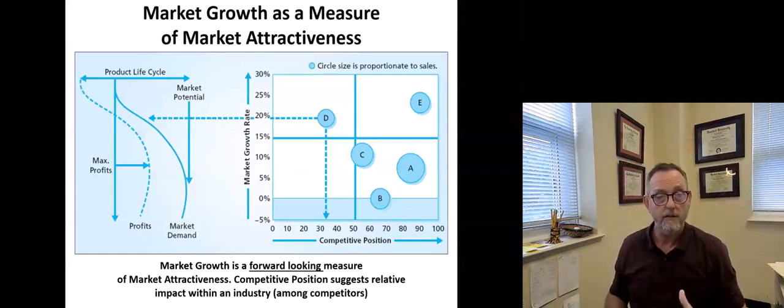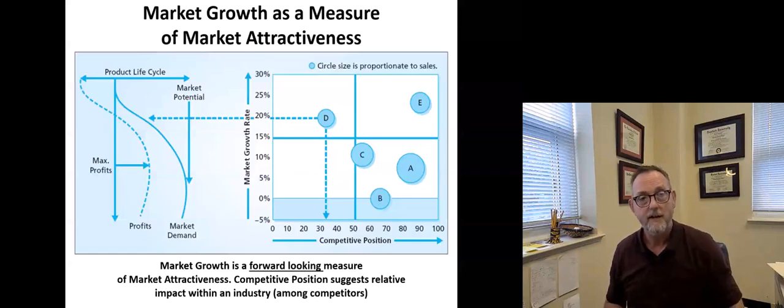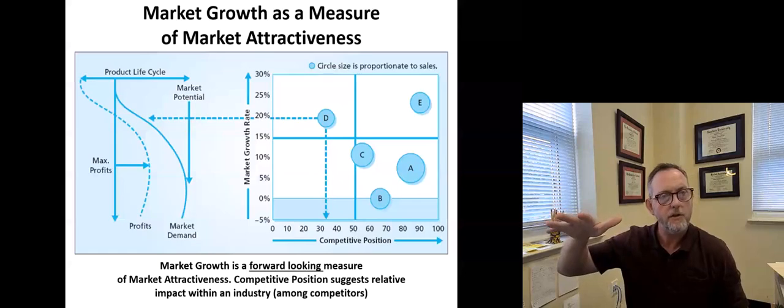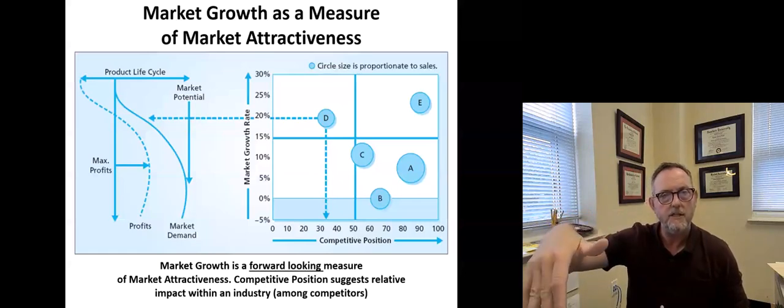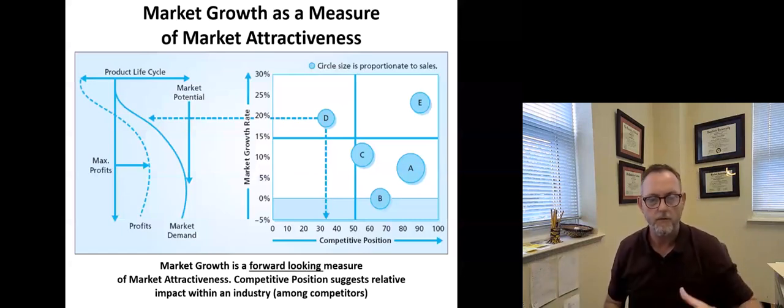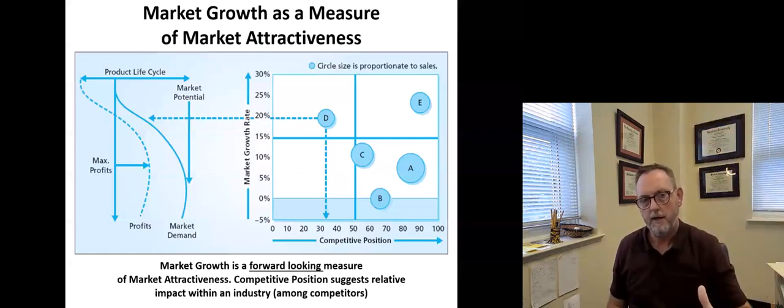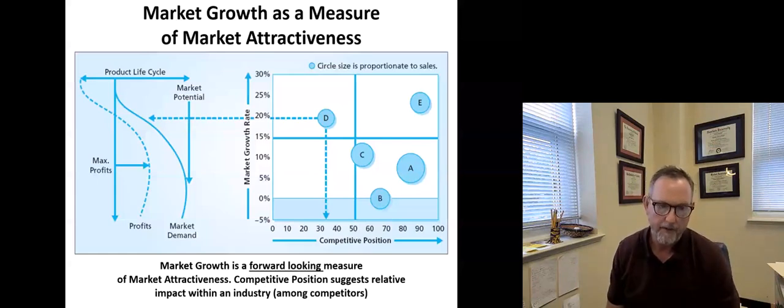And so if you kind of pan up and pan down and then over to the left, you'll see that the market growth rate goes up, and then it starts to slow down at maturity, flattens out 5%, 0%, and then starts to go down during decline. So we're moving from the top of the matrix down to the bottom as we go left to right on a product life cycle chart.